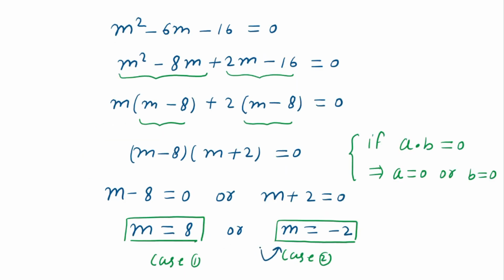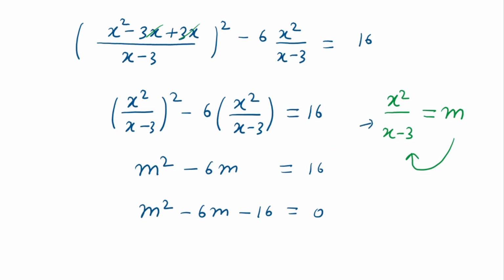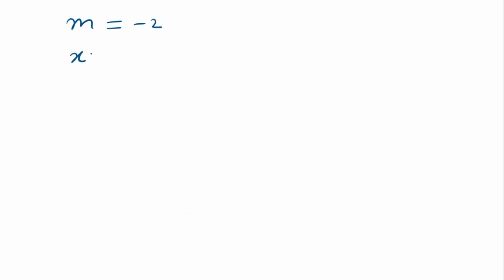m equals minus 2. M equals minus 2, and we know that the value of m is x square over x minus 3. So this m is replaced by x square over x minus 3, and this equals minus 2.